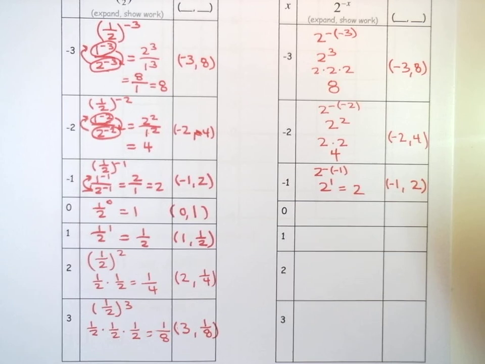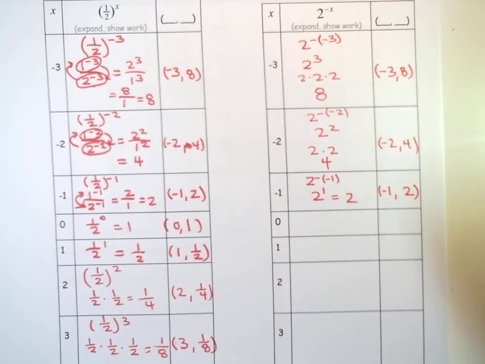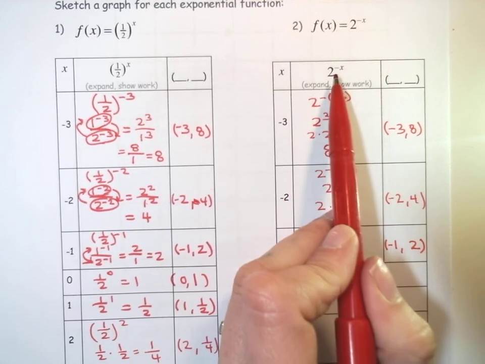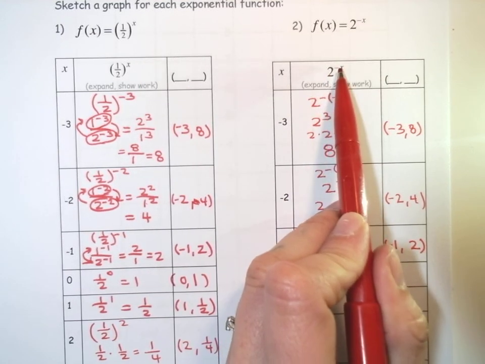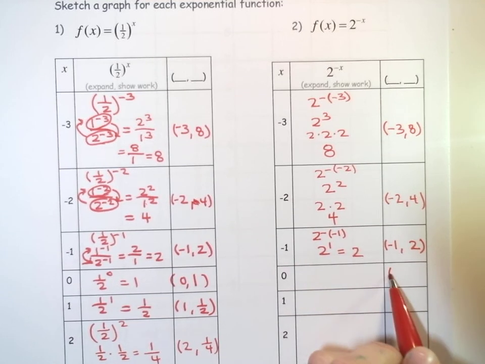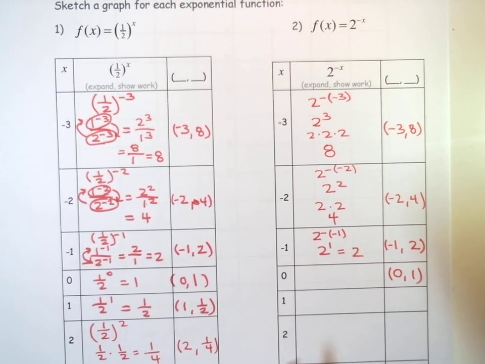So I don't know if we need to continue this. I think we can now see that 1/2 to the x power is the same thing as 2 to the negative x power. And so that was our goal. And so on the next page, we're going to be graphing.